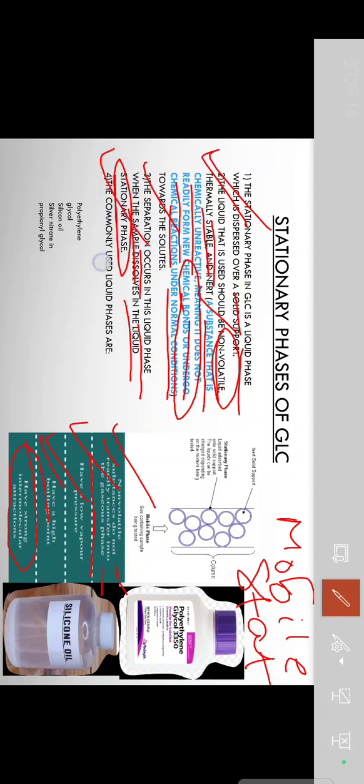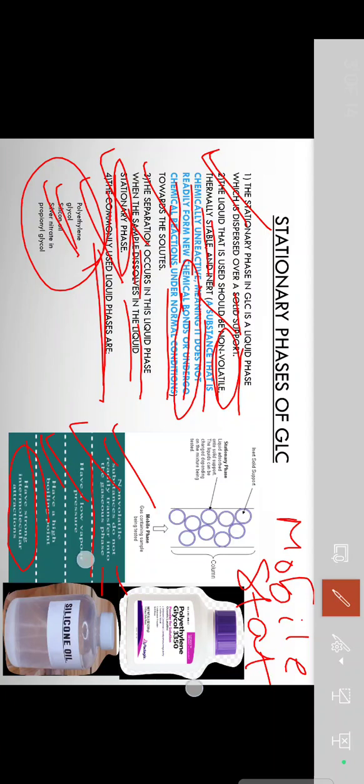Commonly used liquid phases are polyethylene glycol, silicon oil, and silver nitrate in propylene glycol. Here is the example I have shown: polyethylene glycol 3350, and the second, silicon oil.